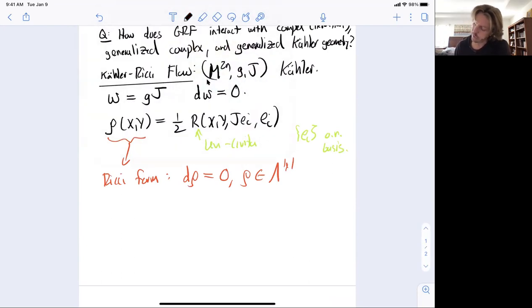And so we can define Kähler-Ricci flow in terms of the Kähler form as follows.